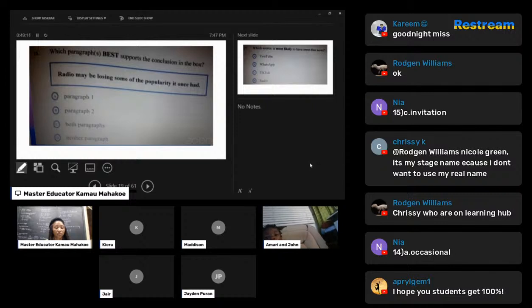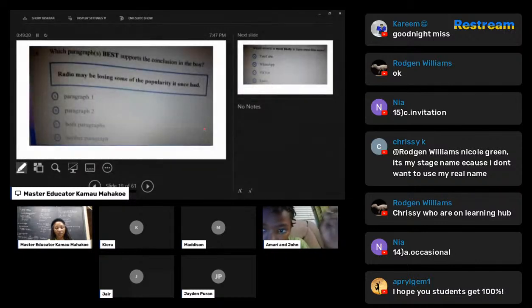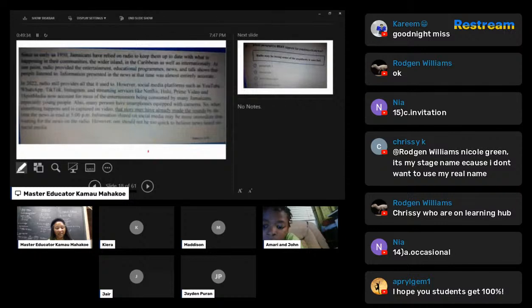A. Paragraph 1. B. Paragraph 2. C. Both paragraphs. D. Neither paragraph. Okay, so which paragraph best supports the conclusion that radio may be losing some of the popularity it once had?